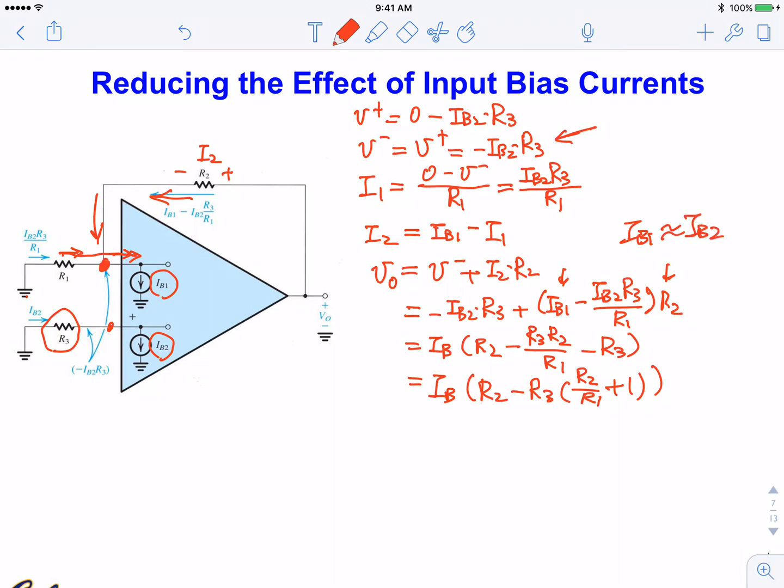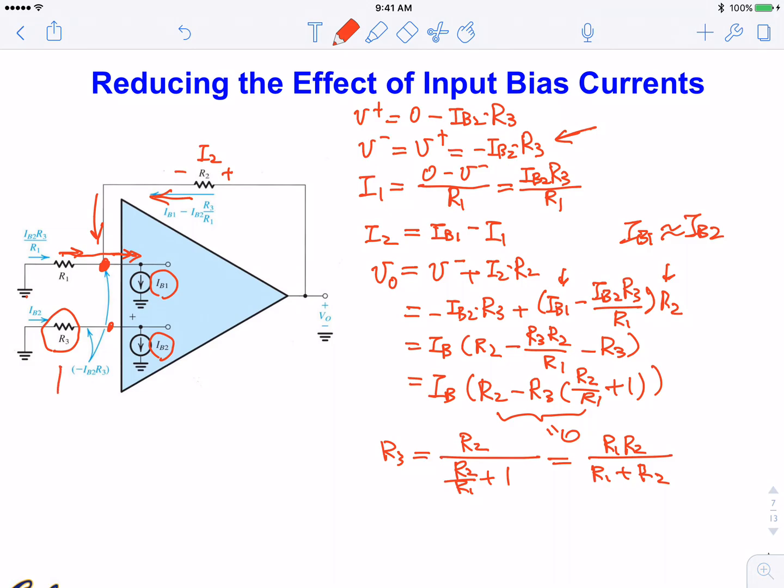So if we set this term equal to 0, which means R3 is equal to R2 divided by R2 over R1 plus 1, you'll find this is actually equal to R1 R2 over R1 plus R2. So that's the parallel combination of R1 and R2.